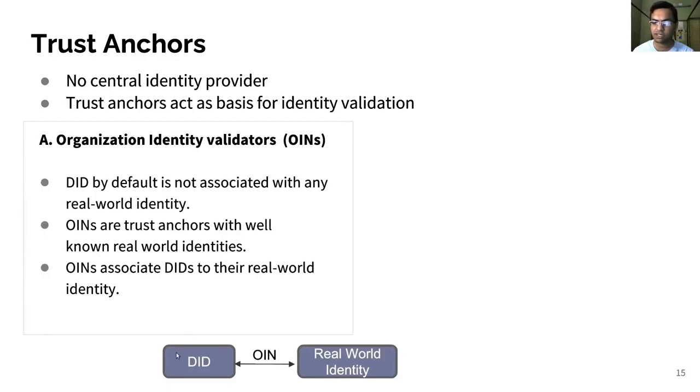These OINs associate SSIs to their real world identities. So DIDs by default are not associated with any real world identity, and we consider the OINs as trust anchors with already well known real identities. So these OINs can be relied upon to associate other DIDs with real identities.